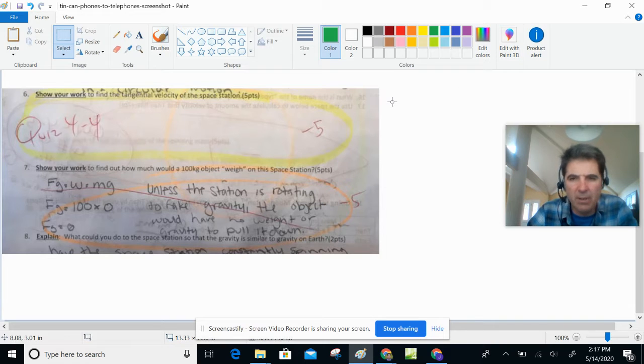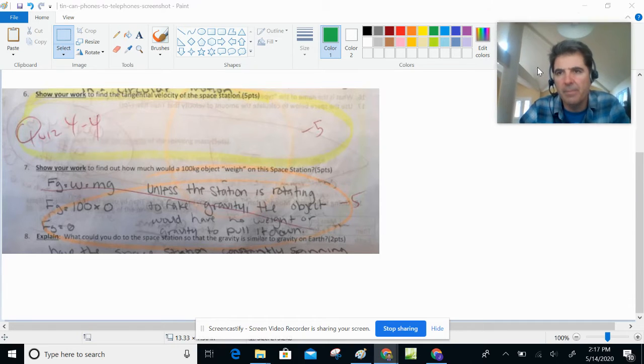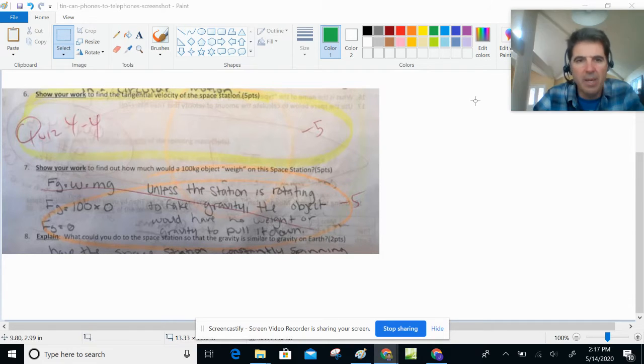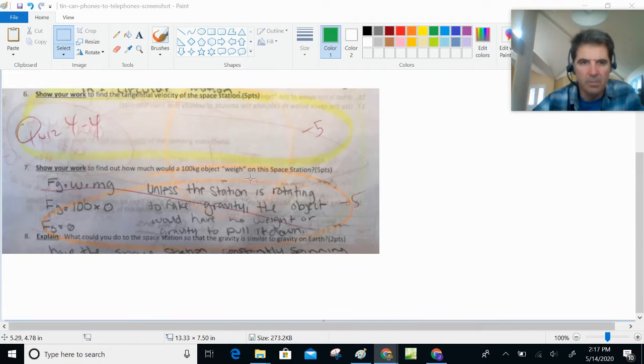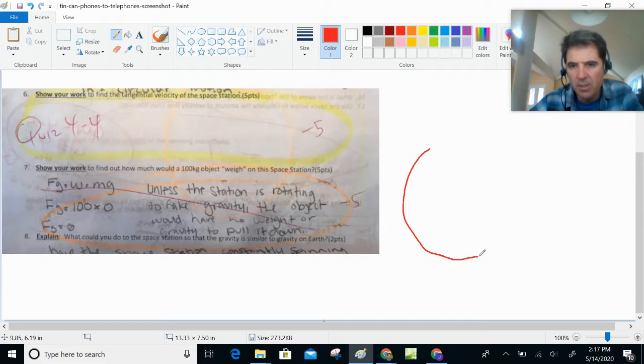This is not the question about the Mars lander. This question is about the space station. What we have here is a person out in space, wearing a little space helmet.